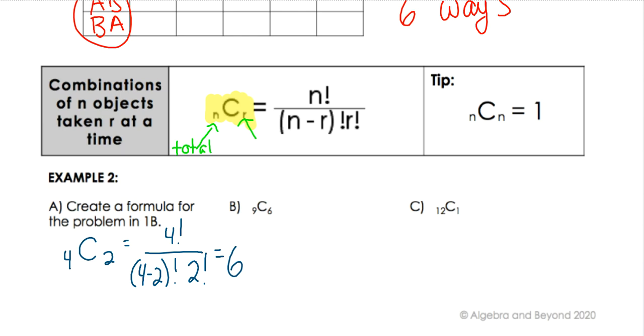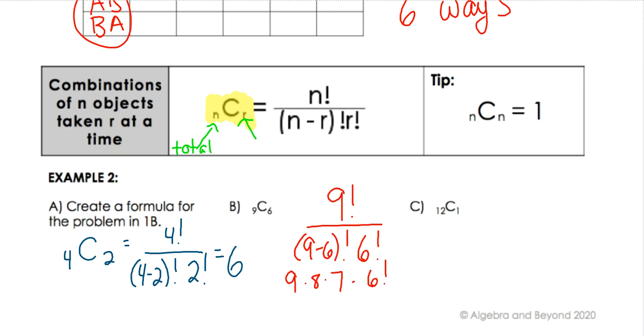Okay, so let's look at another one. So this time we have 9 objects and we're going to choose 6 of them with order not mattering. So that's going to be 9 factorial over 9 minus 6 factorial times 6 factorial. So when we simplify that out, or when we think about it, we have 9 times 8 times 7 times 6 factorial, just abbreviating it rather than writing out 6 times 5 times 4 times 3 times 2 times 1.